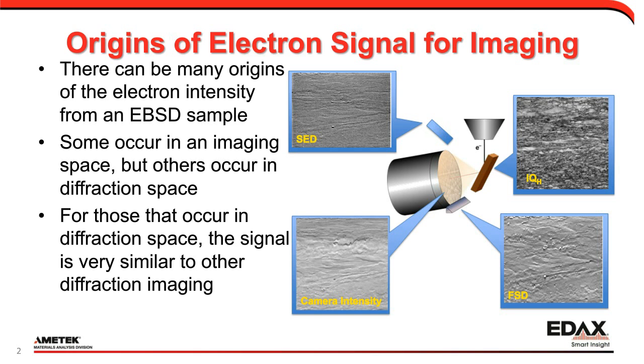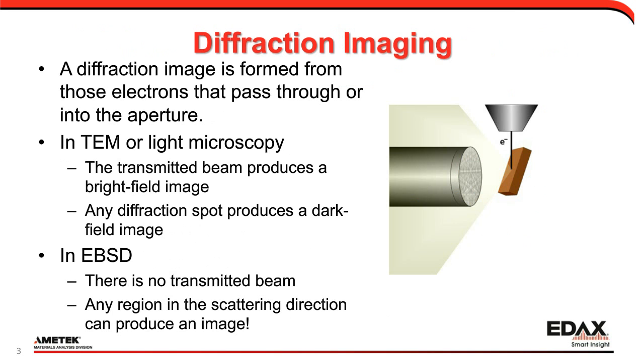The crystallographic signals are usually produced by diffraction within the sample. The intensity emitted from the sample is directly related to the orientation and perfection of the sample crystal structure. Most users are familiar with this imaging method in light microscopy or transmission electron microscopy, TEM. A bright field image is produced by placing an aperture around the transmitted beam and excluding all diffracted beams.